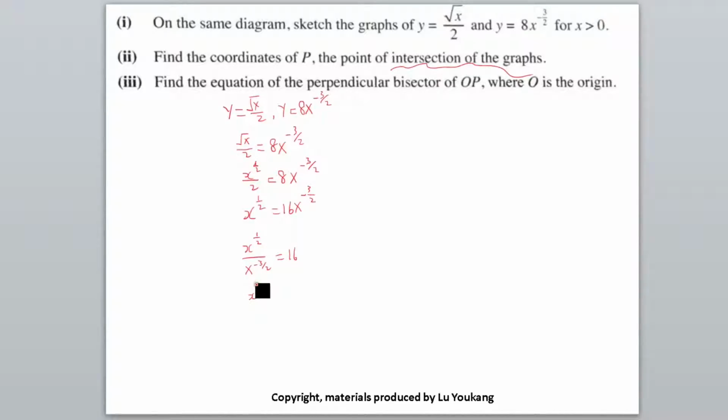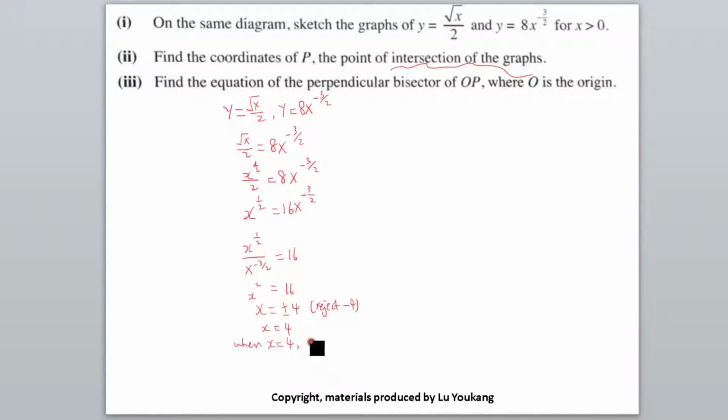Therefore, you should get x to the power of 2 equals 16, and x is equal to plus minus 4. Remember, when you square root 16, you get plus minus 4, and we have to reject minus 4 because from the graph we know that x is on the right side, therefore it's positive.